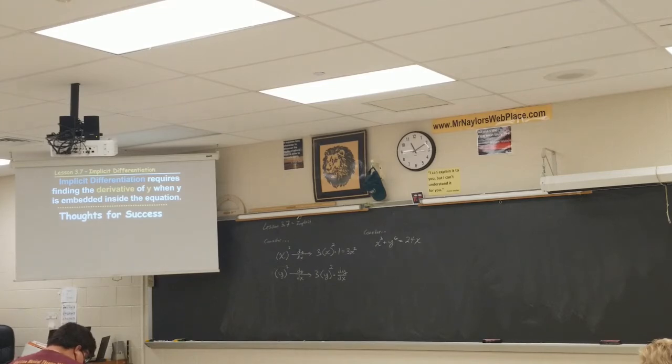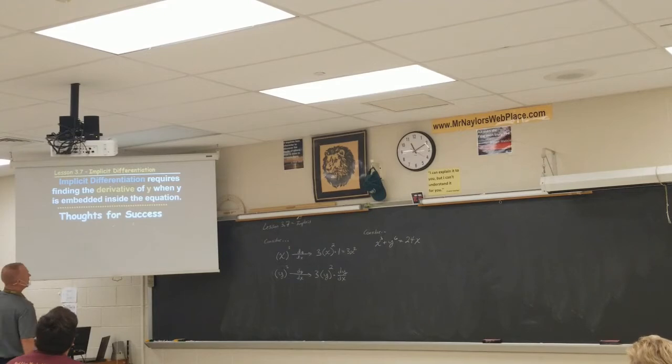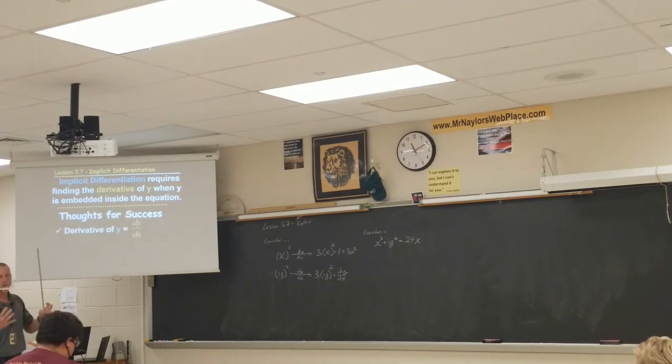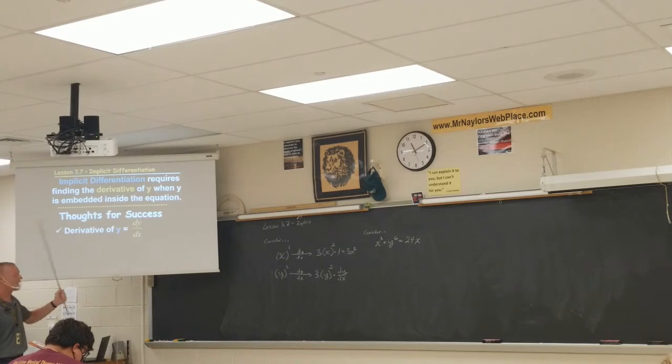You can write that down if you want, or you can just read that. The derivative of y, just so you get the gist, it's always dy dx, even if you're still a little fuzzy on y. It's always dy dx.